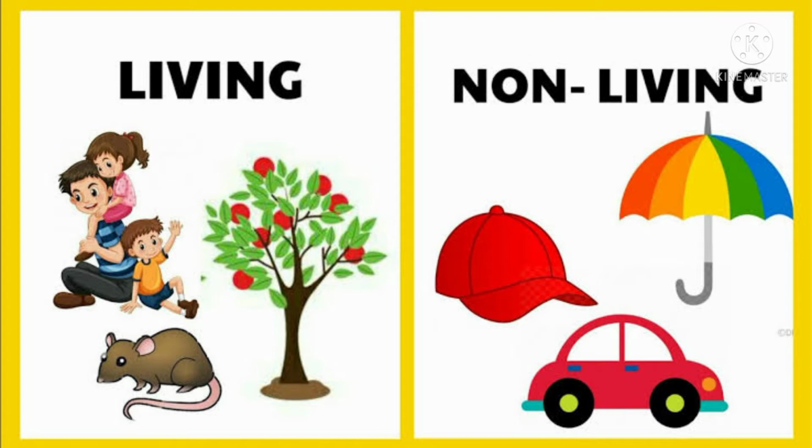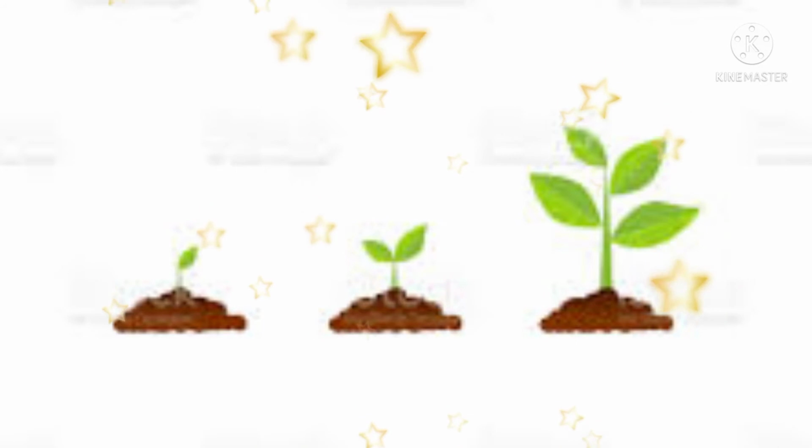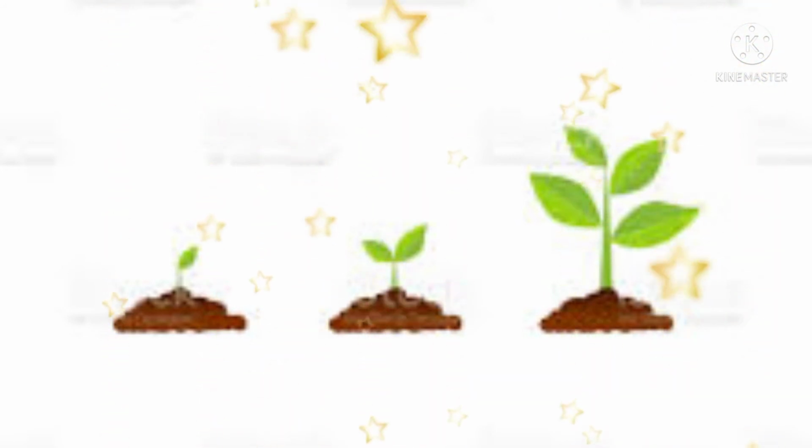So, let's get started. We are going to see that living things grow. Children, living things grow. All the living things in our surroundings grow in size. For example, a sapling mostly grows out of a seed and becomes a tree.